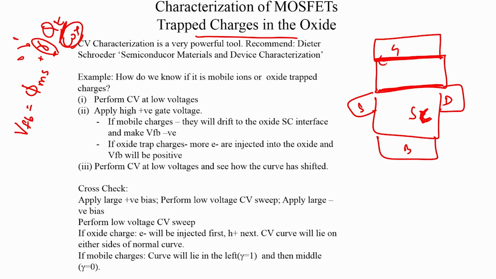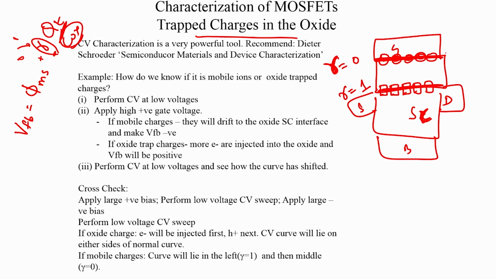So, if the trap charges were present at the gate insulator interface, gamma was 0, where gamma was this mean position estimator. Okay. So, it was giving you an indicator as to the position of these charges, and when the charges were close to the insulator semiconductor interface, gamma was equal to 1. So, these were the two extreme values of gamma.